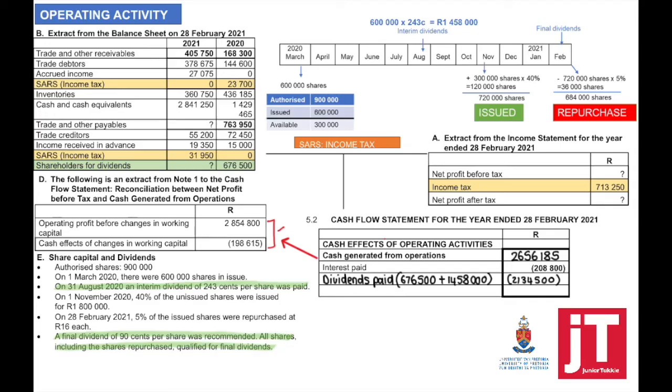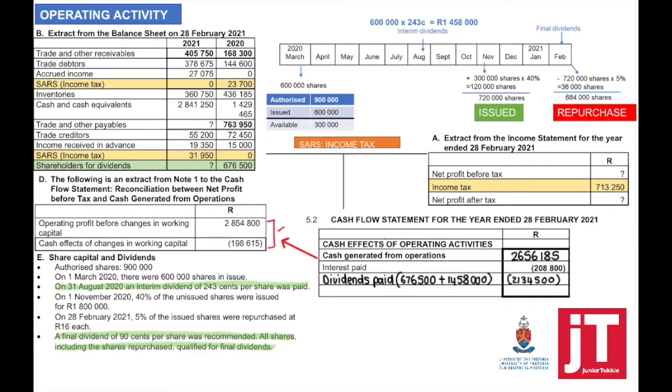In our calculation, make sure on your cash flow statement you show in brackets dividends paid: my balance at the end of last year, that which was declared, plus the interim dividends that were just calculated. Your answer must be in brackets because it's an outflow.